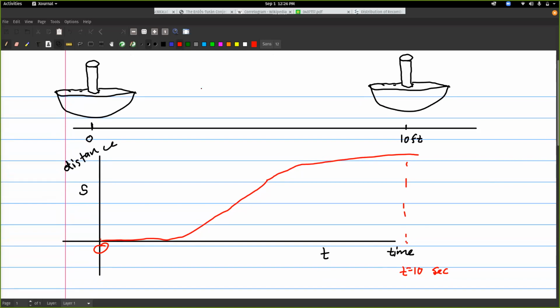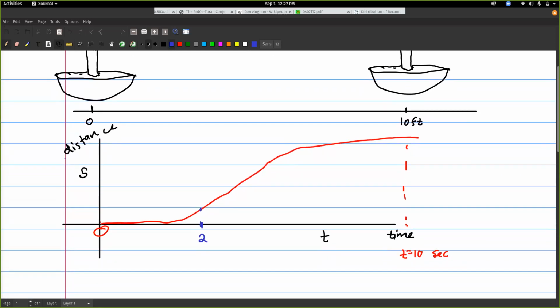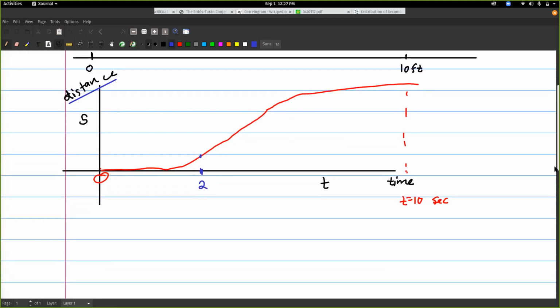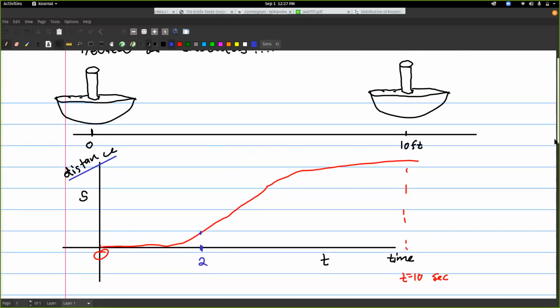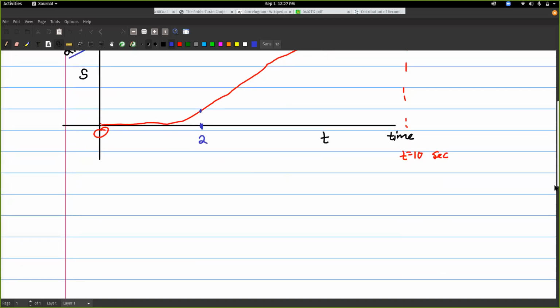All right, and let's pick a point to focus on. Let's focus on 2. You could pick some other point here if you wanted to. So we have distance, and you might ask this question. Physicists in the 1600s would ask this question. First, somebody had to come up with the idea of a graphical representation of an equation and things like that.